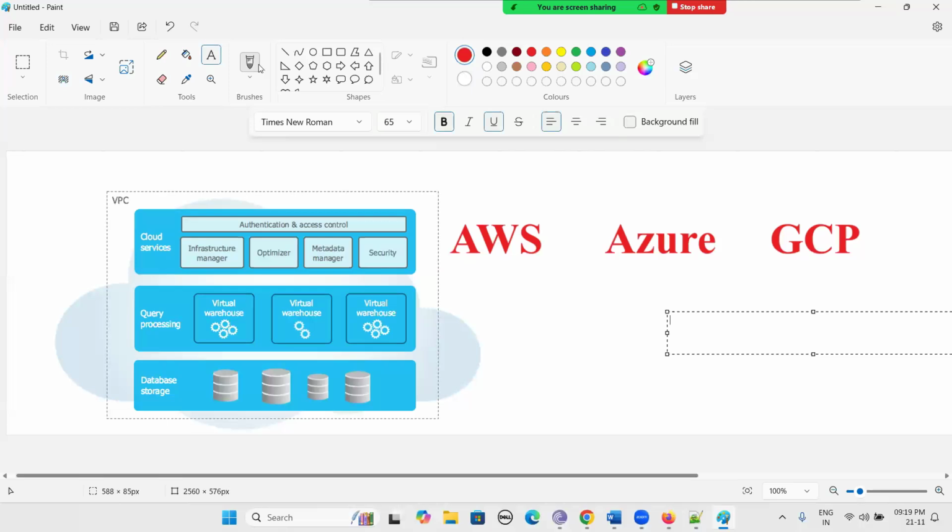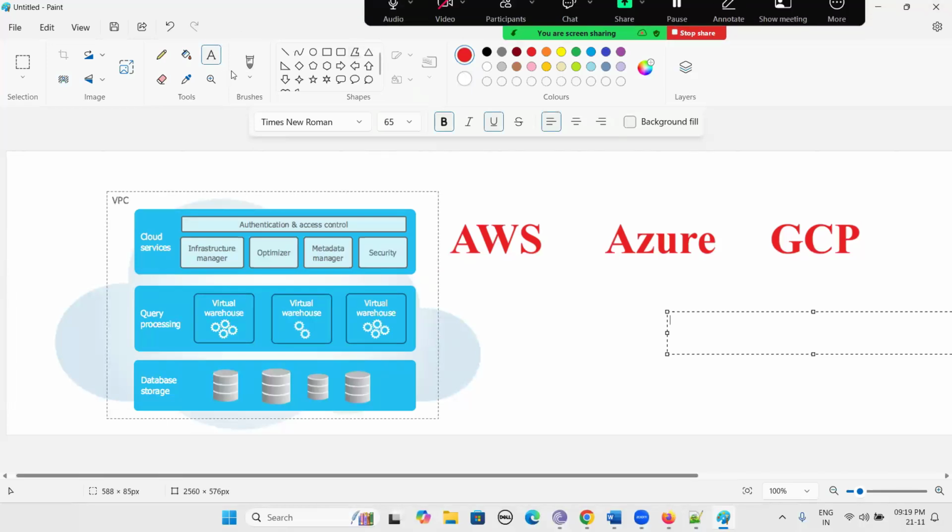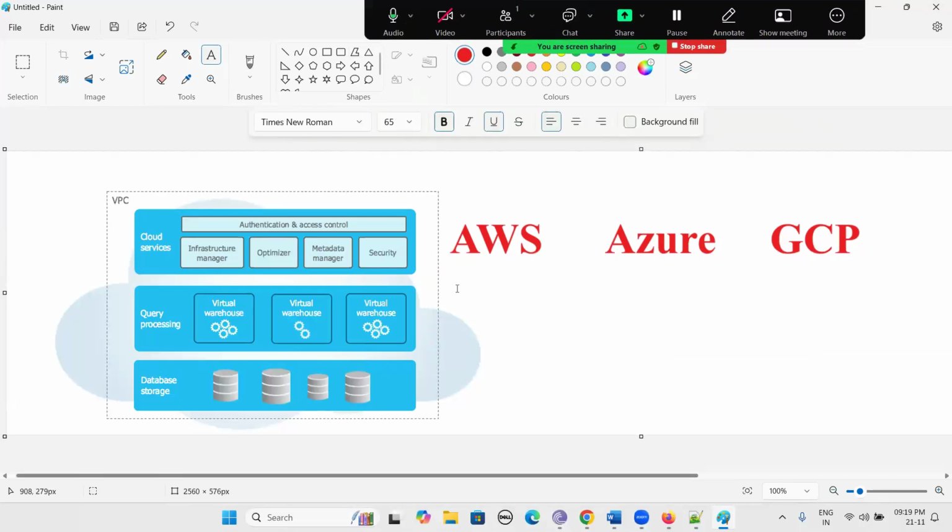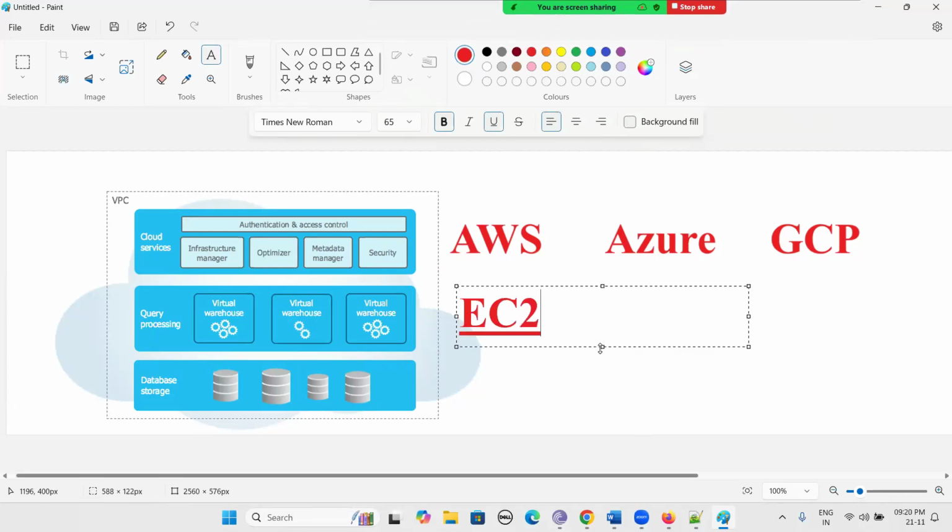Behind the scenes, a virtual warehouse means it will create EC2 if you use AWS.